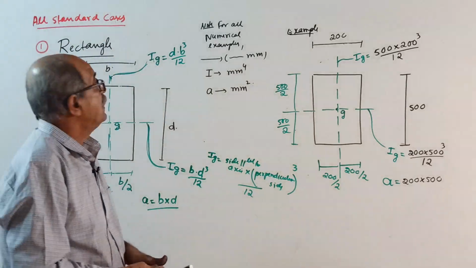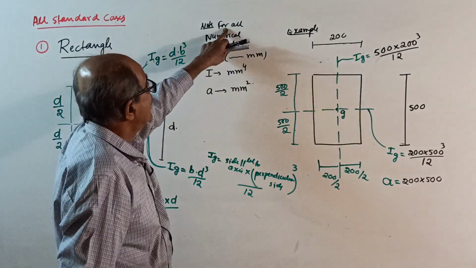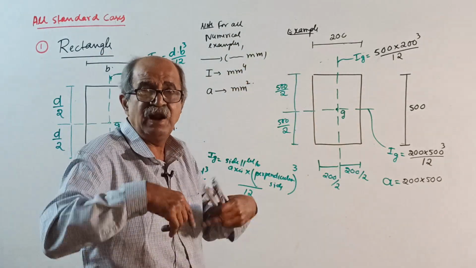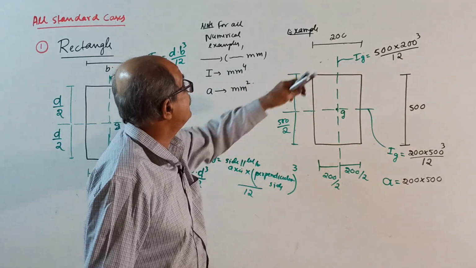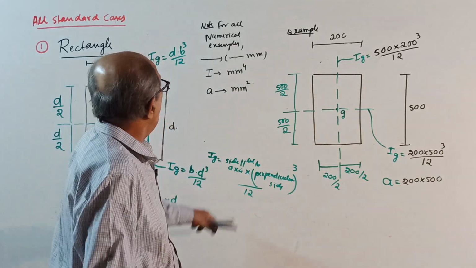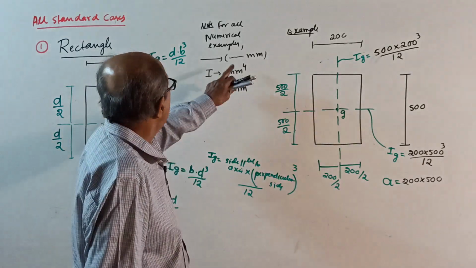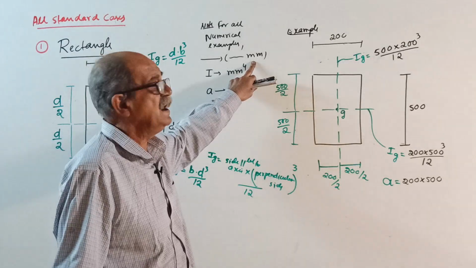Now, one note right here. Every standard case, this all I gave earlier, second round. I am giving numerical examples. For all the numerical examples now onwards, make a note. All dimensions are in millimeter. I won't write millimeter every time.